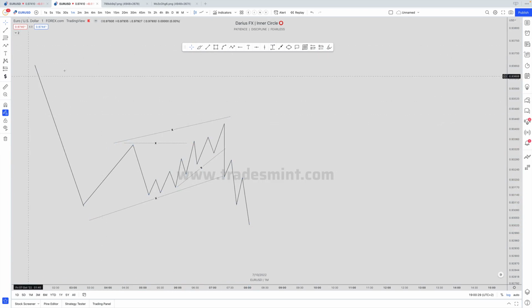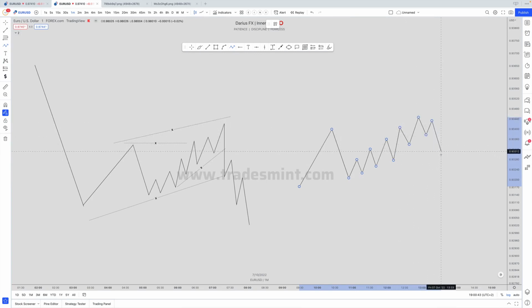Now, let me show you, what if price is, again, same thing, building up your trendline liquidity here, going up higher. Now it's hunting your trendline liquidity, and then it's just aggressively moving up.